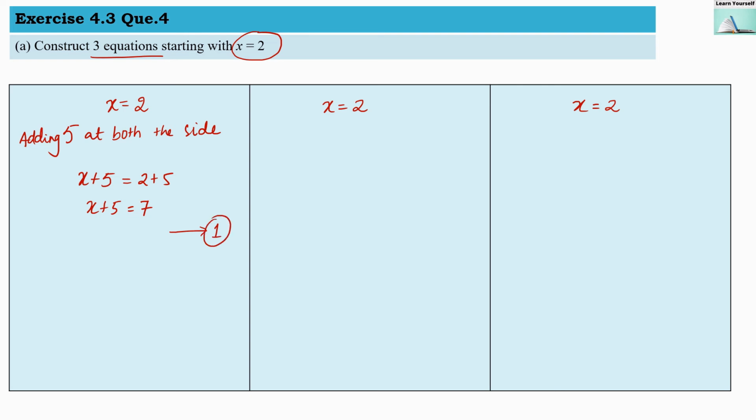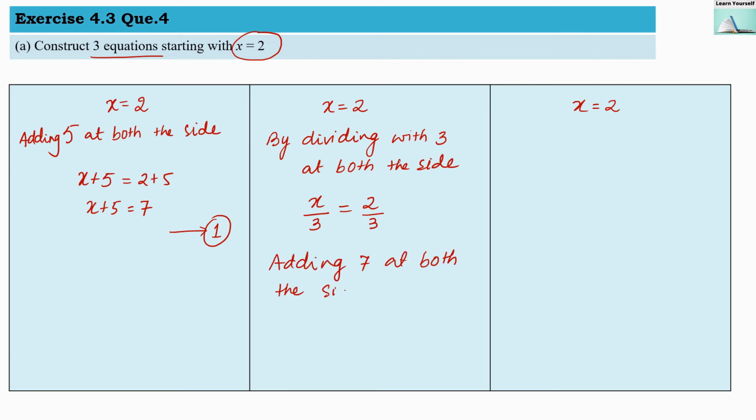Second, x equals 2 we are taking, and here we are going to divide with 3. So when we divide with 3 at both the sides, we will get x divided by 3 equals 2 divided by 3. Now after that, I want to add one more step, so I am going to add 7 at both the sides. So I am going to get here x by 3 plus 7 equals 2 by 3 plus 7.